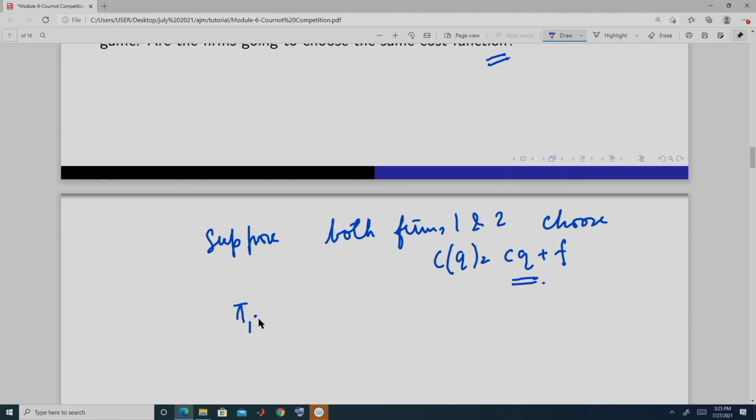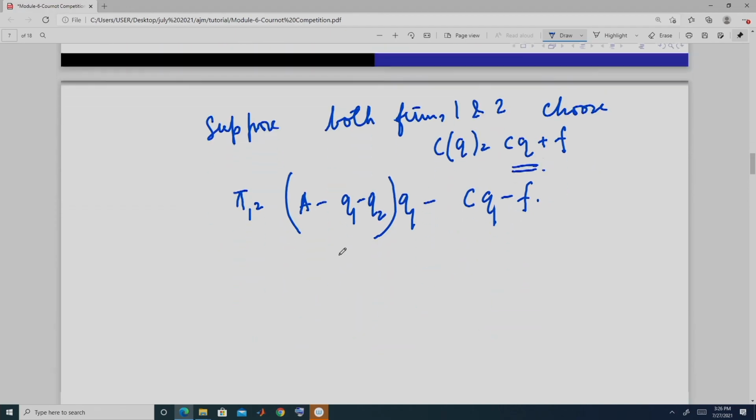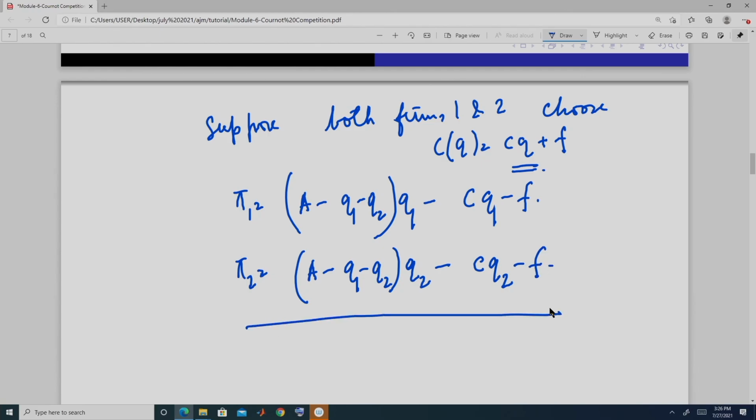Then the profit of farm 1 is this, and the profit of farm 2 is this. So, we do the usual process.